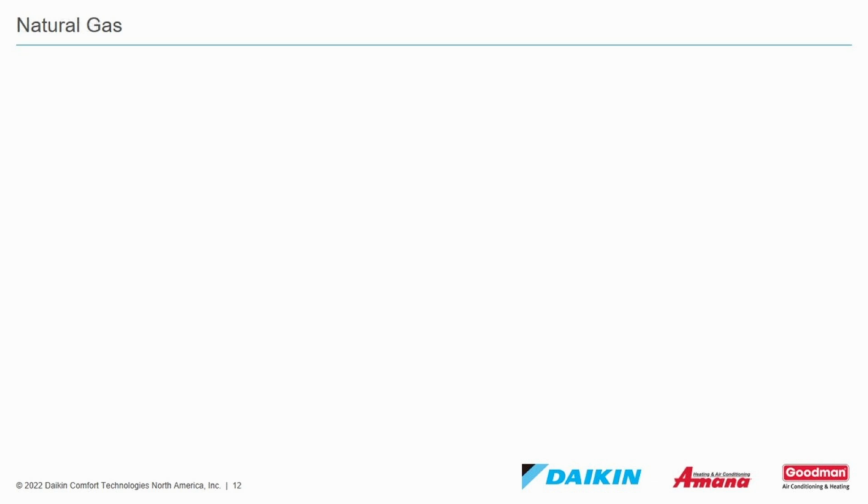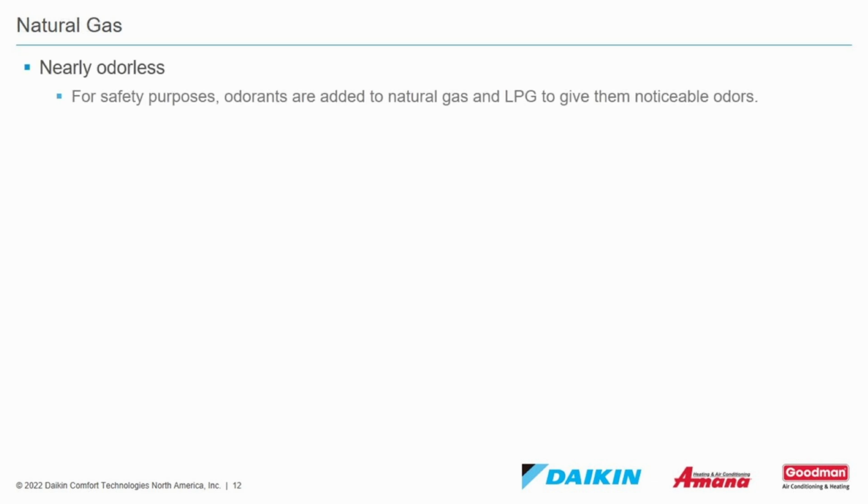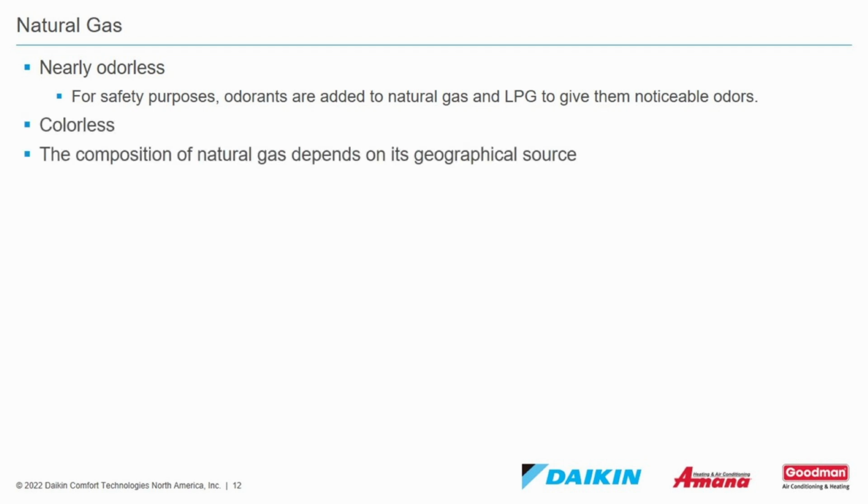Natural gas. Nearly odorless. For safety purposes, odorants are added to natural gas and to LP gas to give them noticeable odors. It is colorless. The composition of natural gas depends on its geographical source.